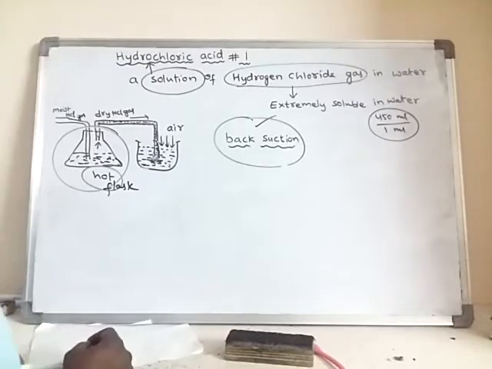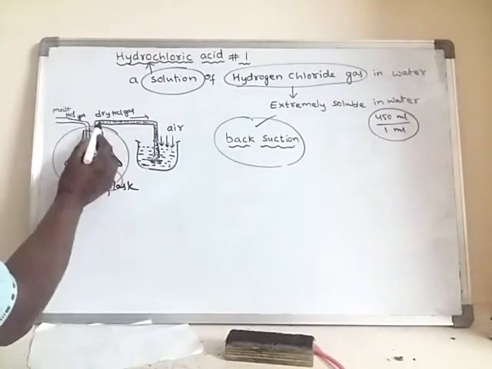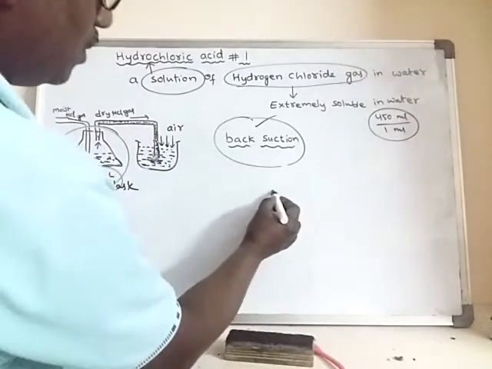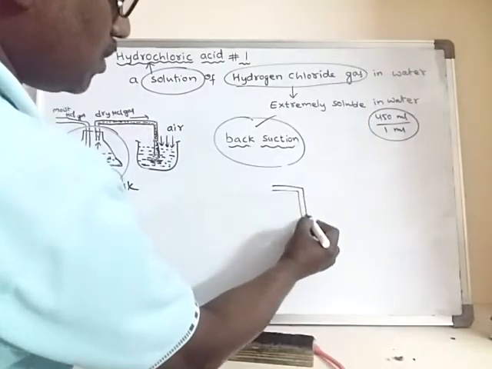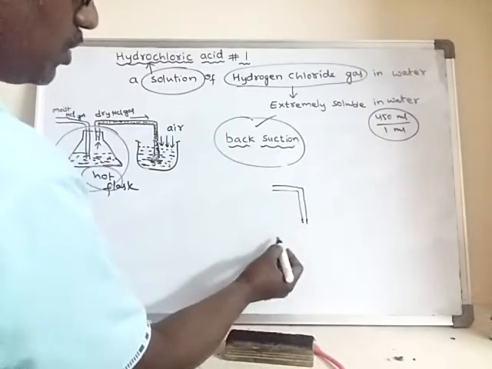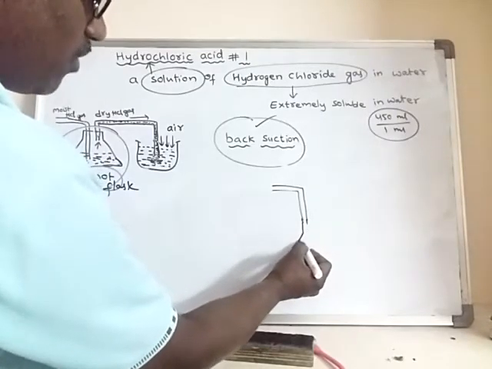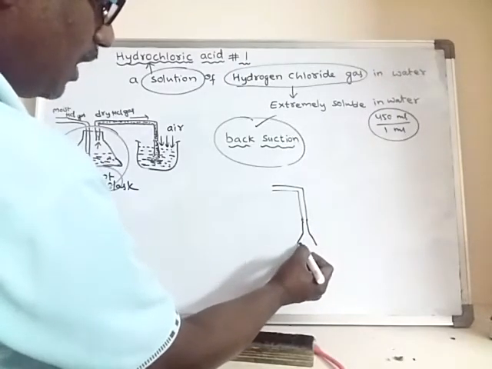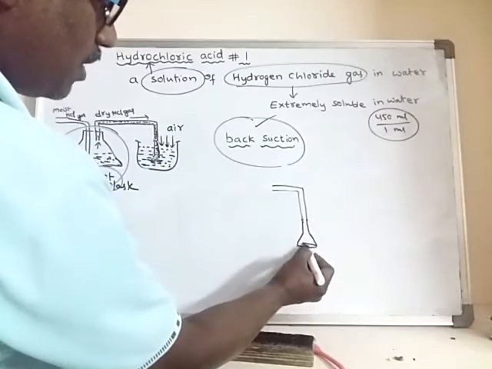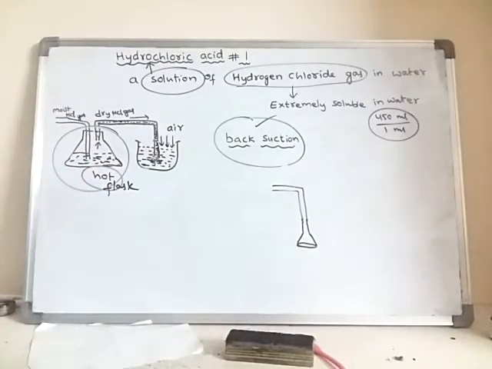What is the meaning of inverted funnel arrangement? Suppose this is the delivery tube. To this delivery tube, an inverted funnel is fitted with the help of rubber tubing.